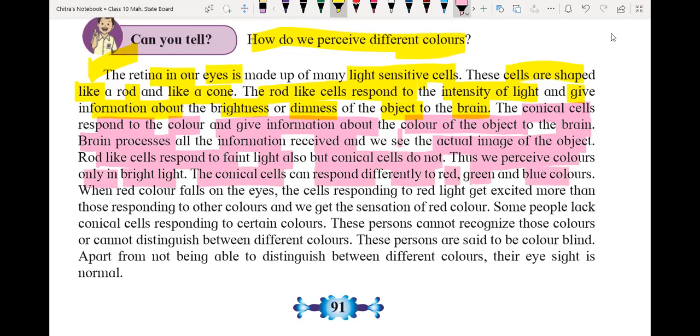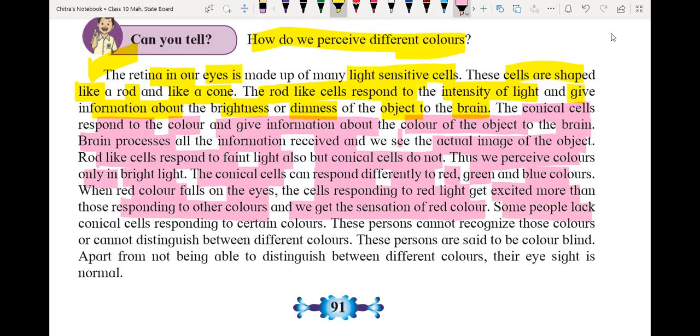So conical cells are present by which we can perceive all the colors around us. When red color falls on the eye, the cells responding to red light get excited more than those responding to other colors, because red color has the highest wavelength. And we get the sensation of the red color.